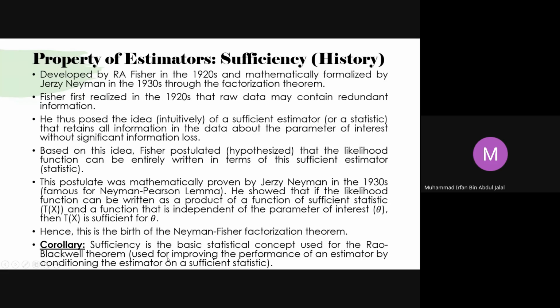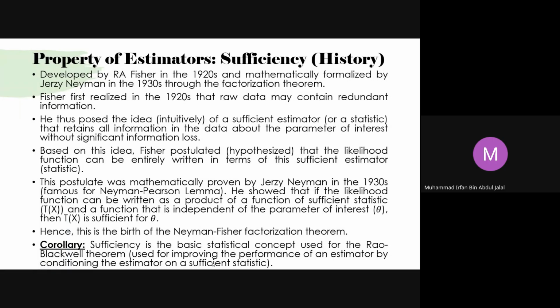It means the performance of an estimator, even if it is not that good initially, we can improve its properties, the consistency, whatever it is. We can improve the performance of the estimator by conditioning the estimator on a sufficient statistic.